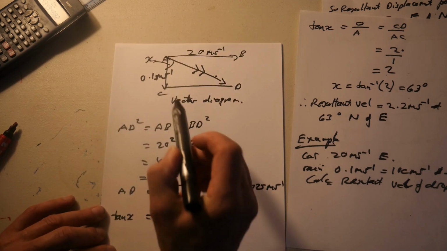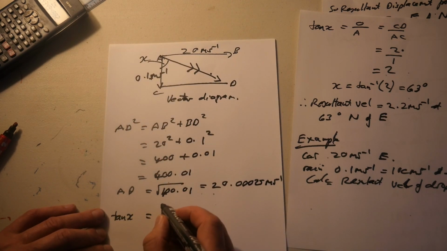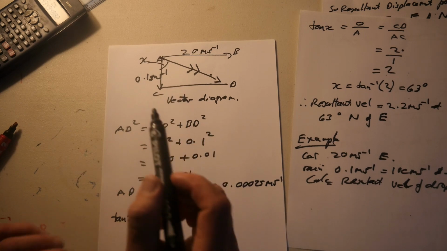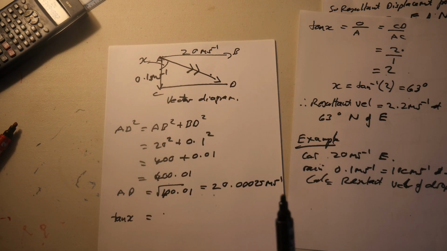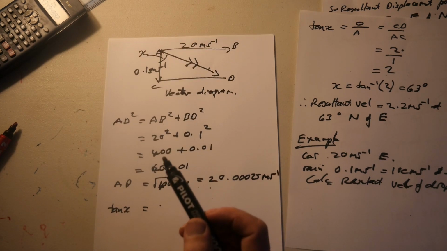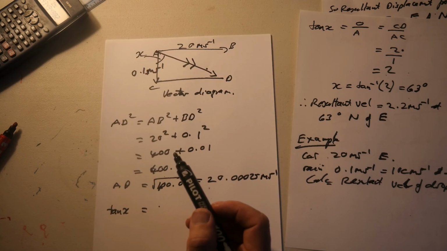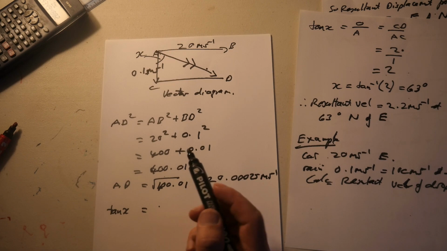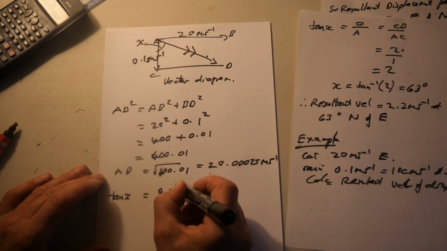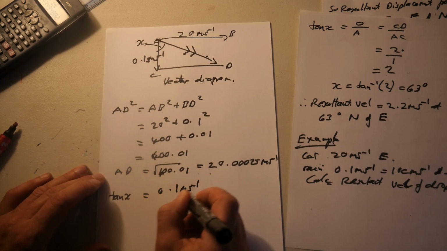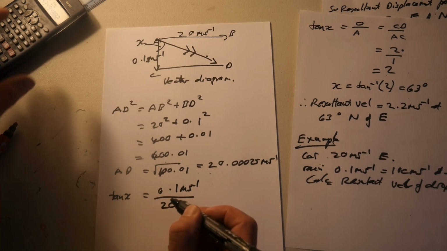tan x equals adjacent, which is slightly wrong. Adjacent is actually 0.1 meters per second over 20.